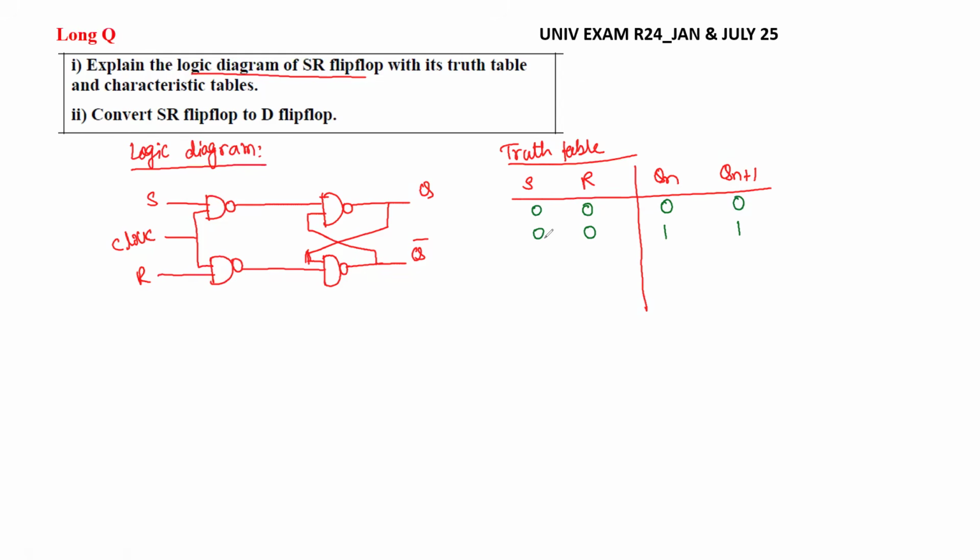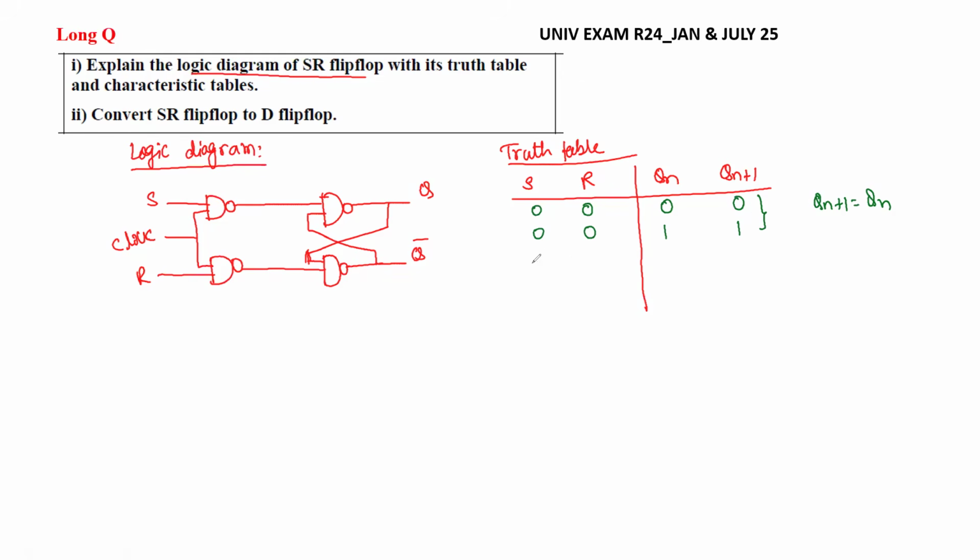So whenever S and R both are 0, the present state only will be the next state. In short form, you can write Qn plus 1 equal to Qn for these two combinations. The condition is S and R both are 0.